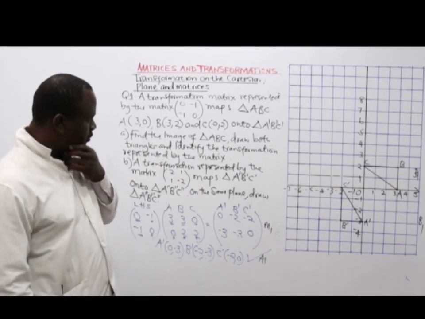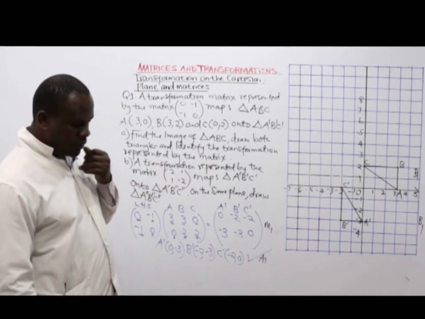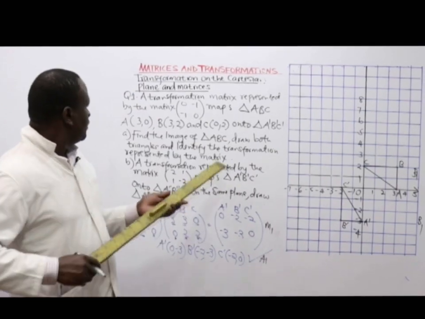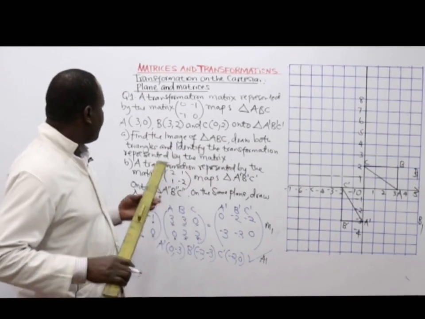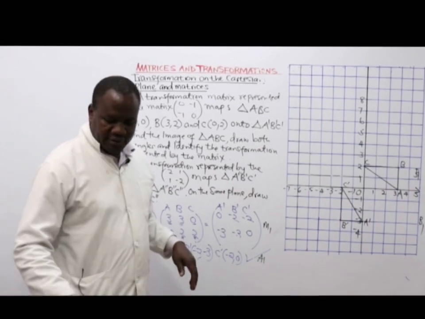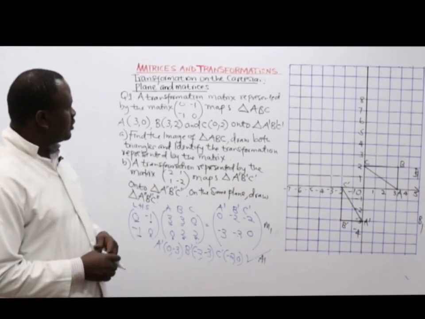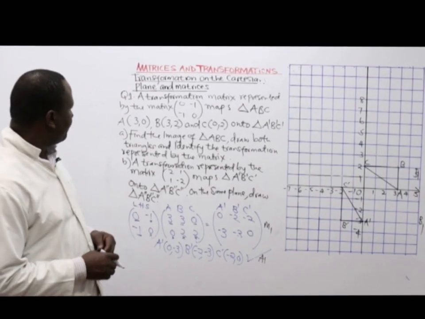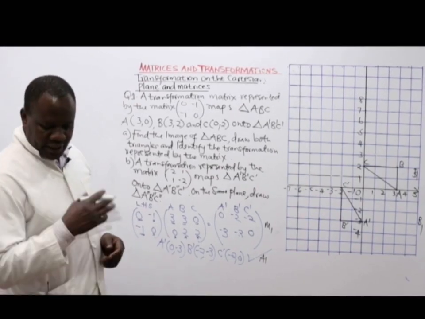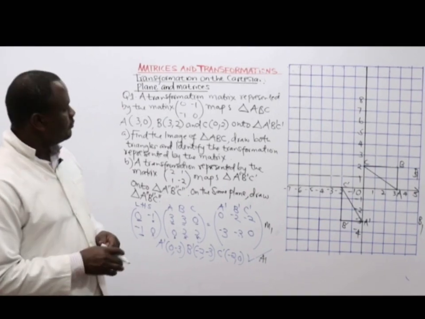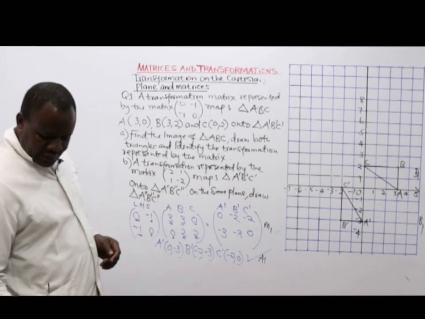Now, we are asked, identify the transformation represented by the matrix. So these matrices represent either reflection, rotation, enlargement, and other matrices that we shall learn later. Now, so let's see what it is.